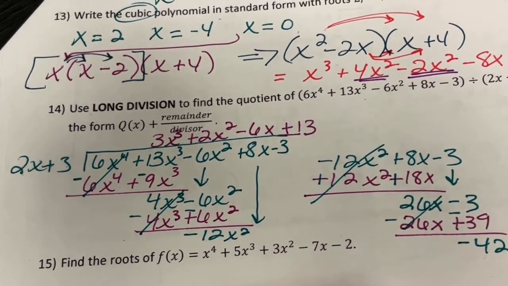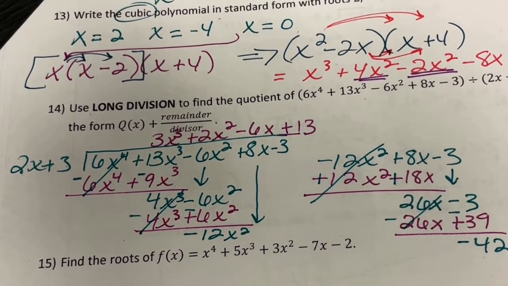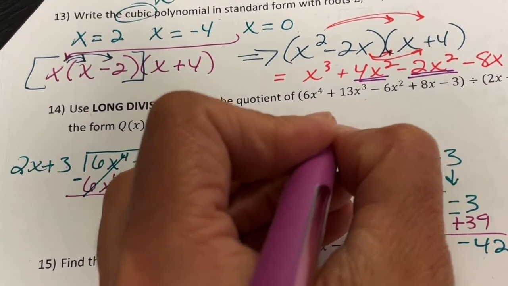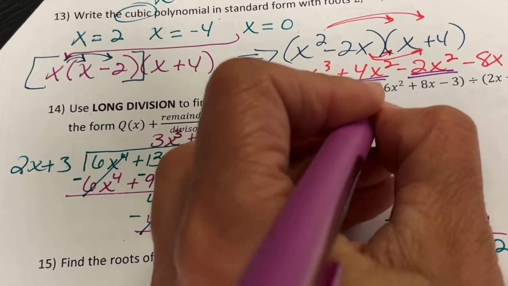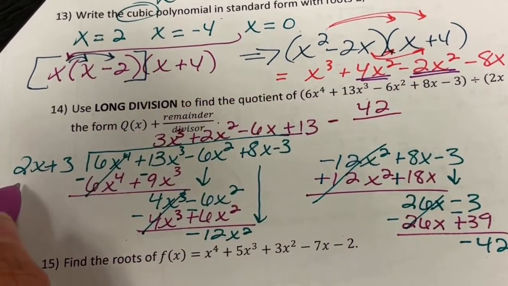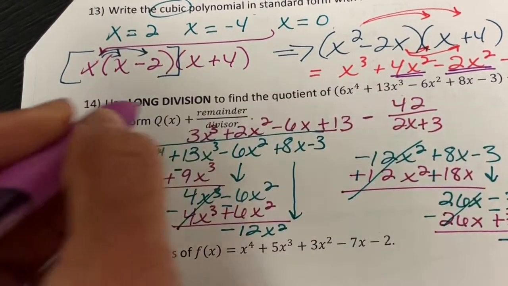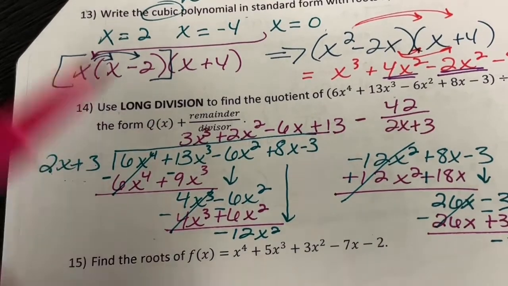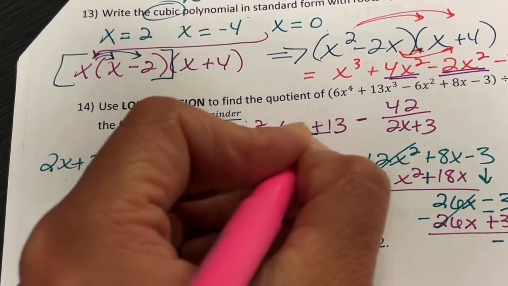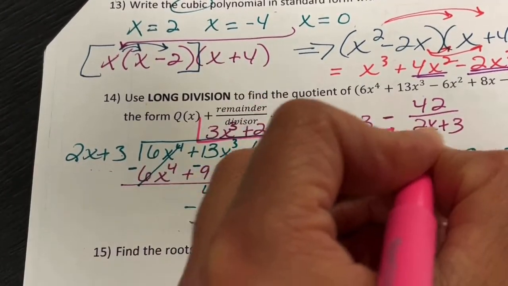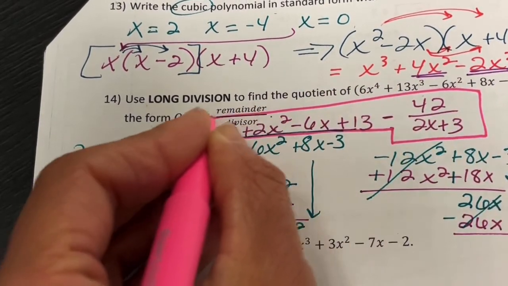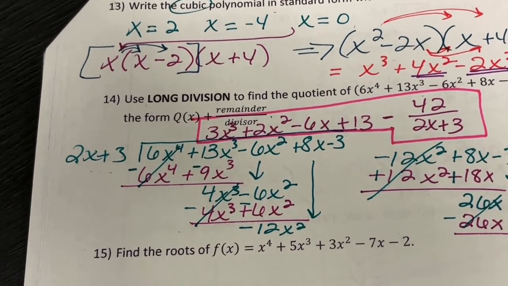So we got a remainder. Now when we write our remainder, we write it on the end. It's negative, so put minus, and then 42 over the divisor, 2x plus 3. So my final answer is this: 3x cubed plus 2x squared minus 6x plus 13 minus 42 over 2x plus 3. That was a mouthful.